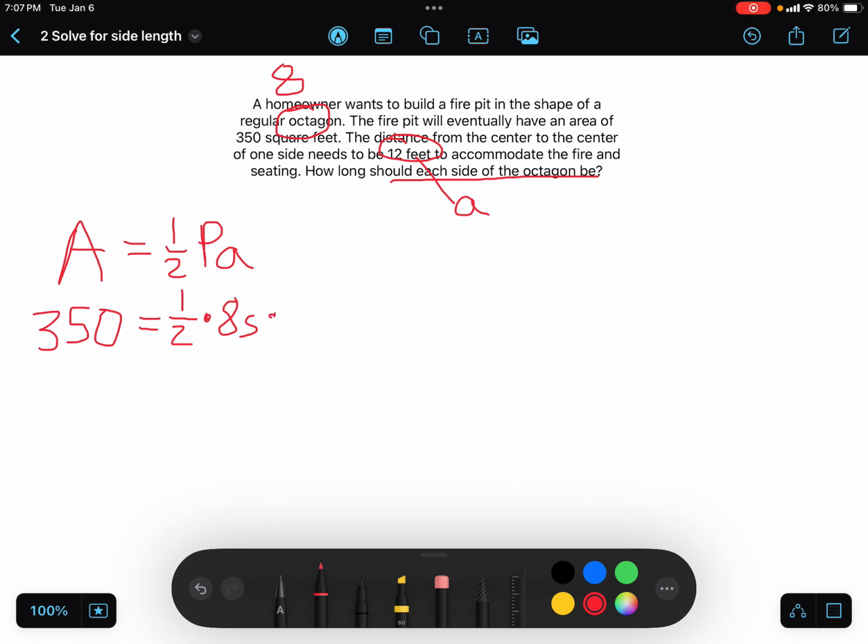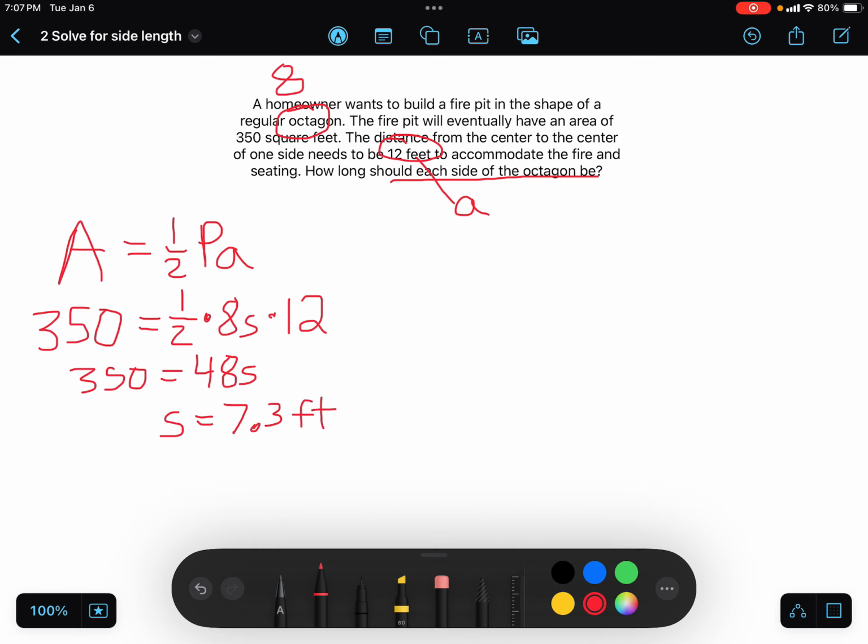And then we'll plug in the apothem right there, which is 12 feet. So that's what we have right now, and we can solve all of this for s. So simplifying a little bit here, it's going to be 350 equals 48s. And if we divide both sides by 48, each side length is going to be about 7.3 feet.